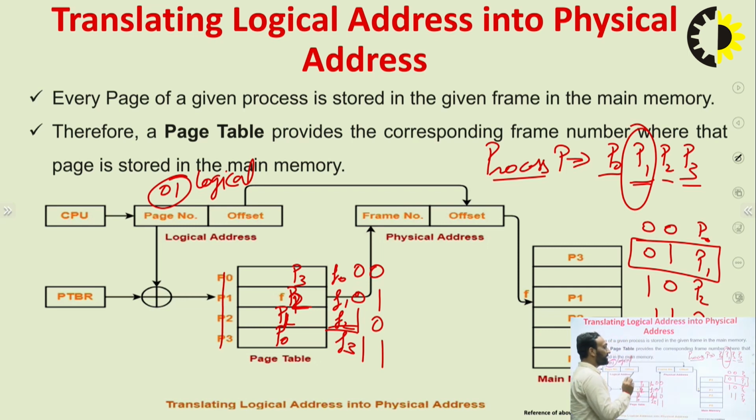That is 10, meaning the page is placed at the 3rd location of main memory, that is the frame number of main memory. As we see in the given diagram, the offset bit will remain the same. That is the actual data required by the CPU for the concerned operation.